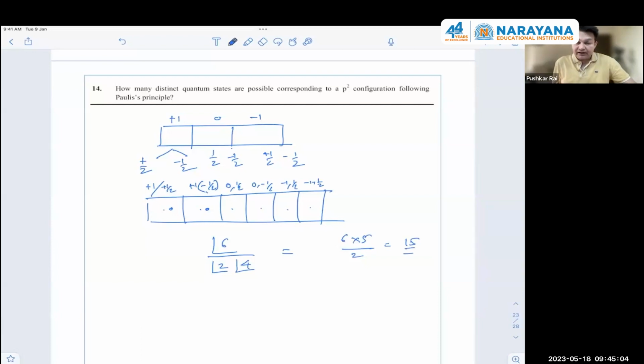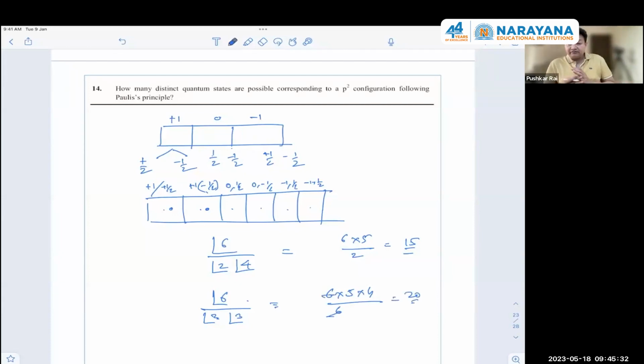So you will agree that these all 15 ways are different in some manner. And if you put it in the magnetic field, their energy will be differentiated. Do you agree? So this is how you can do it. Imagine if you have P3 state, then you put 3 electrons, that will be factorial 6 upon factorial 3, factorial 3. That will be 6 into 5 into 4 divided by 6, which is equal to 20 ways.